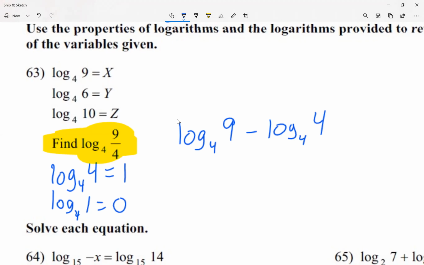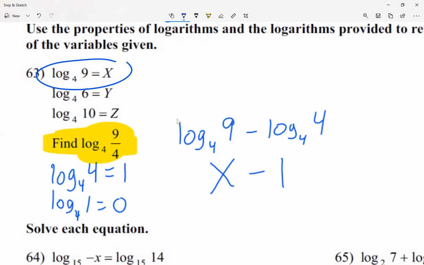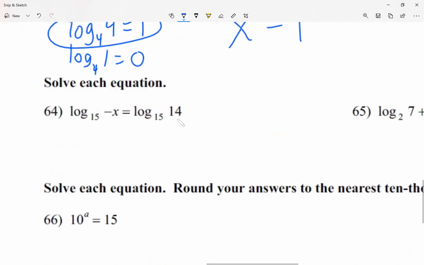Now log base 4 of 9, let me just replace that with an x, minus log base 4 of 4, let me replace that with a 1. And I got those right here. Notice how the x was a capital X, so make sure you capitalize it. Capital X minus 1 all together, no spaces, all right? So just X minus 1 all together. That's it. Then let's move on to question 64.